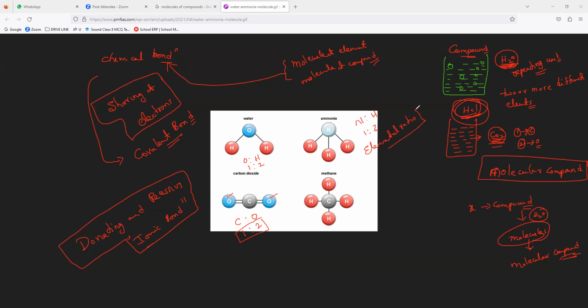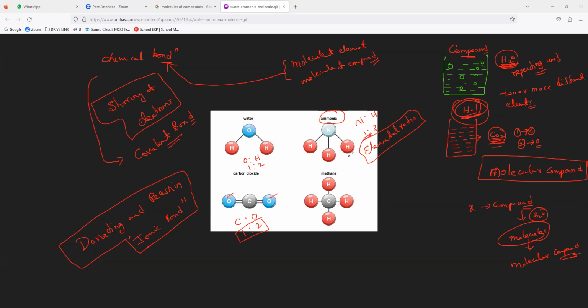So throughout the universe, throughout the world, they always combine together in definite, fixed proportions to form a molecule of a compound. If you form ammonia anywhere, either in India or America, always ammonia will be formed by how many nitrogen atoms?